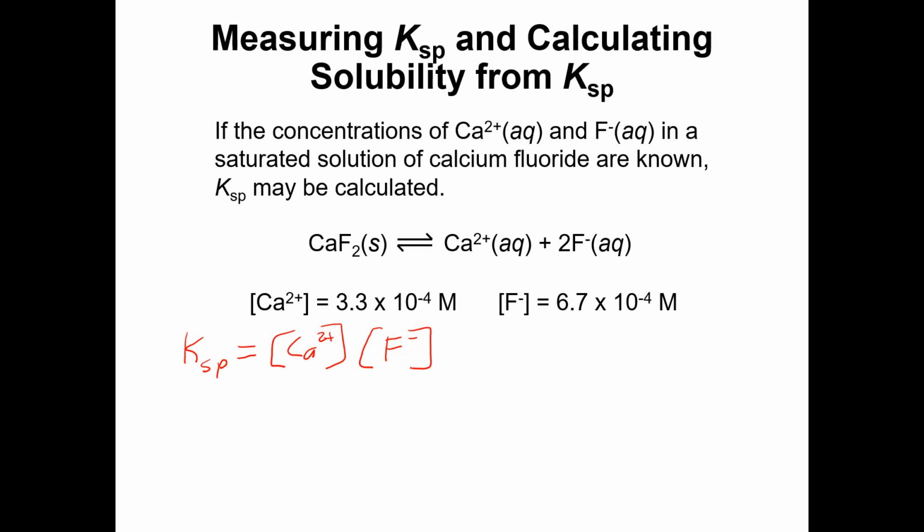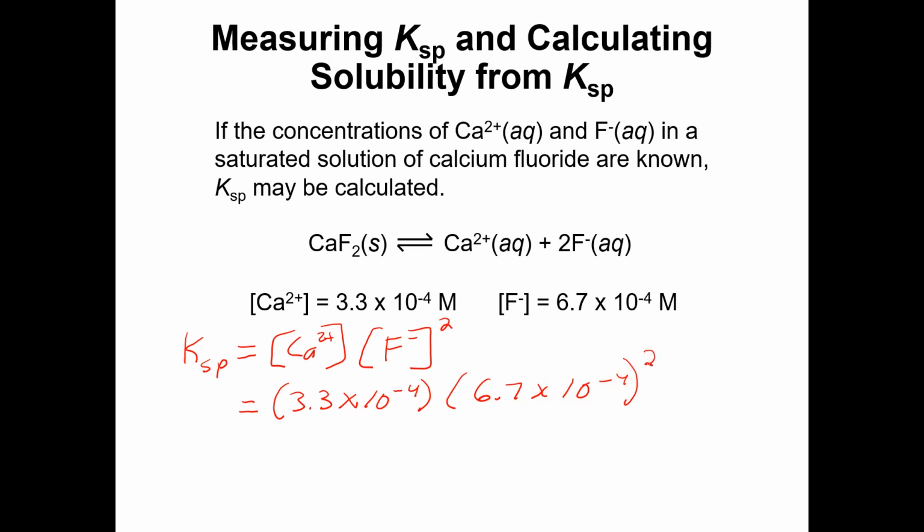And since the fluoride ion has a coefficient of 2, this would be squared. So we plug in the concentration of calcium, which is 3.3 times 10 to the negative fourth, and fluoride, which is 6.7 times 10 to the negative fourth, and we're going to square that.